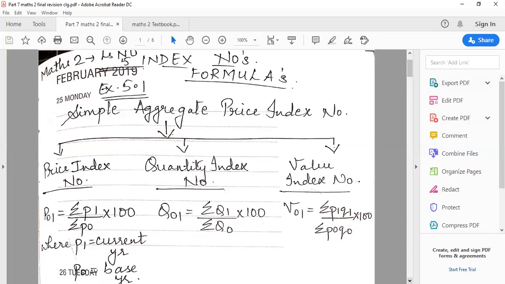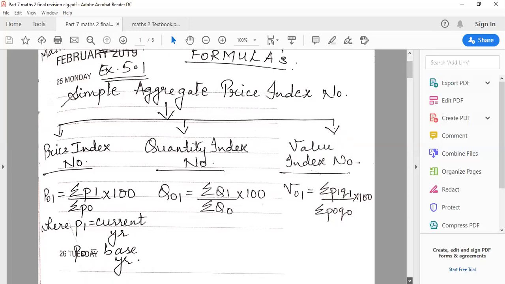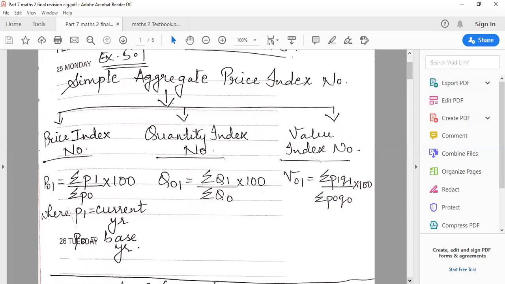So all right, students, the name of the lesson was index numbers. We started with exercise 5.1. The heading was simple aggregate price index numbers. You all have to keep in mind the headings and the formulas, which formula is used where. Only then you'll be able to solve the sums from this lesson.